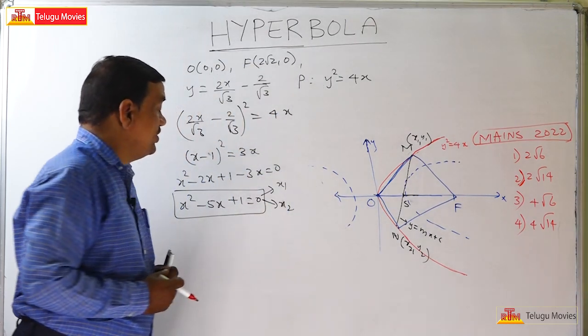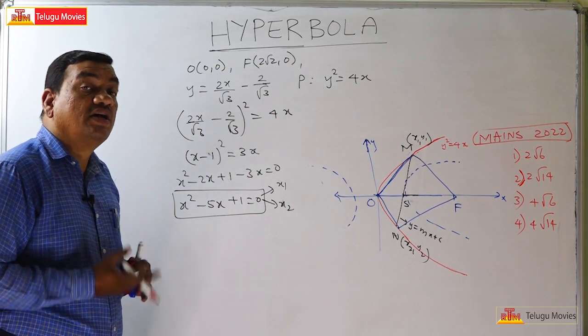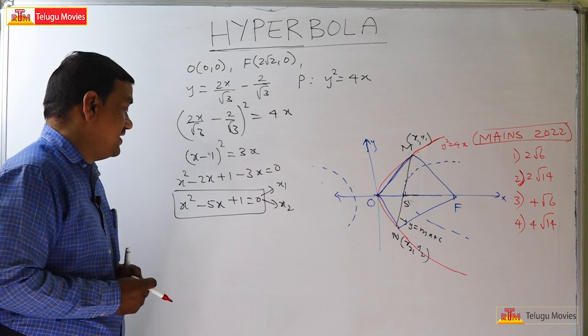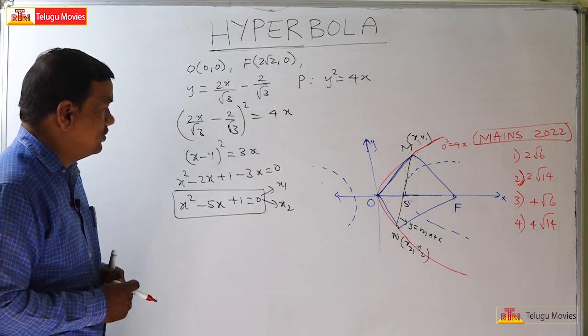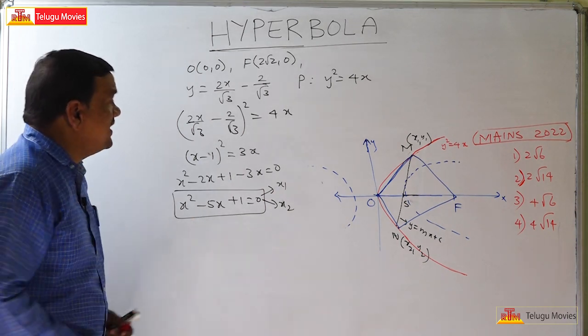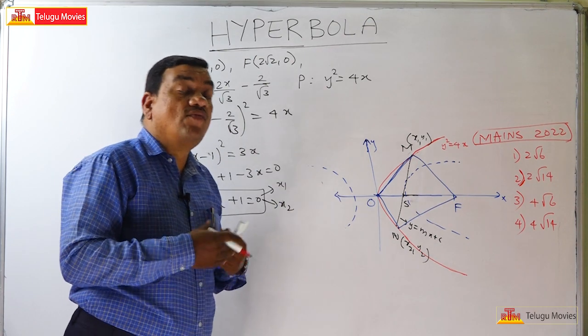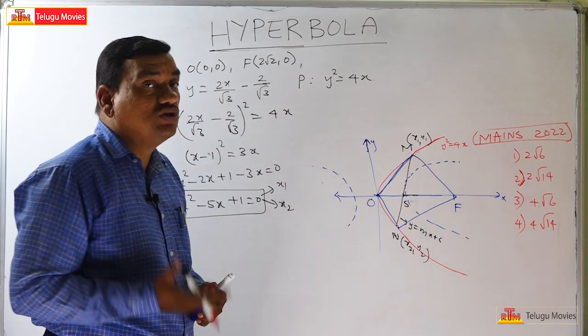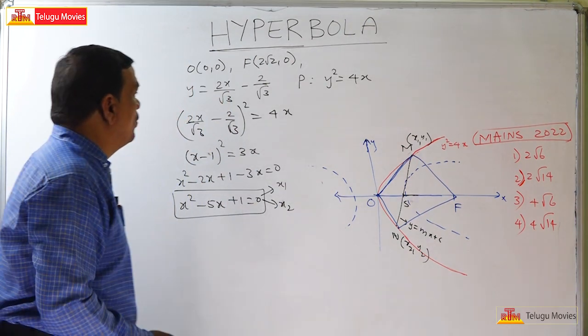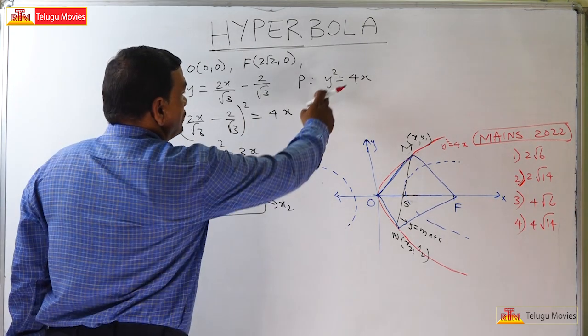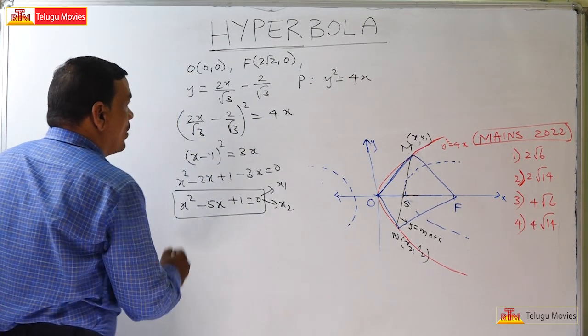Here we didn't get them separately, but we get an equation in terms of x: x square minus 5x plus 1 is equal to 0. Now let us convert this equation in terms of y. Therefore, we will get the roots y1 and y2. So let us do that. How to do this? In this, y square is equal to 4x.